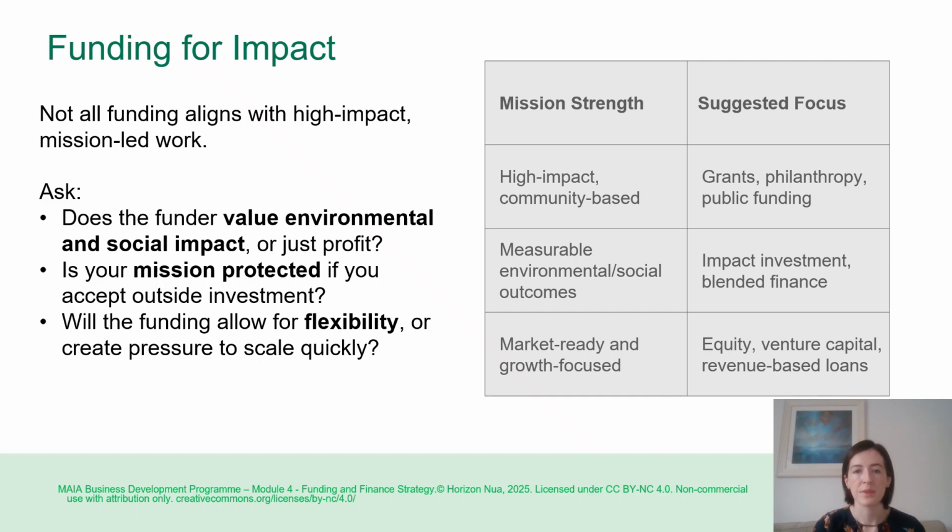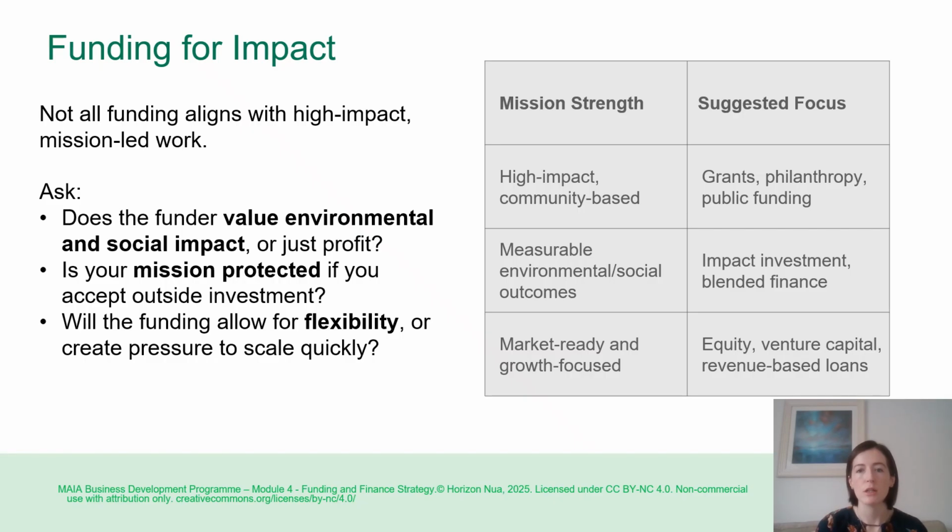For example, if you're delivering clear community or environmental benefits, but not generating revenue yet, grants and public funds are typically the best fit. If you can measure outcomes, such as restored habitats, carbon saved, or people engaged, then impact investors may be interested. They seek both financial return and measurable change.